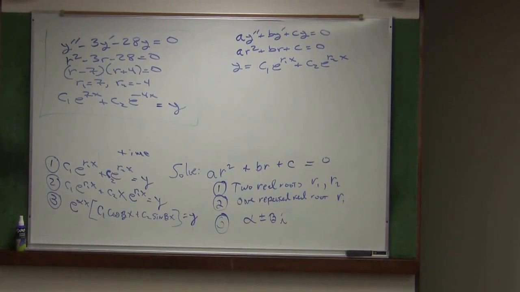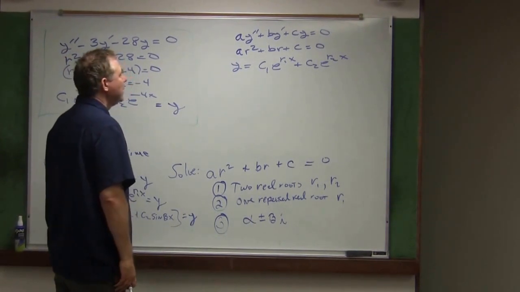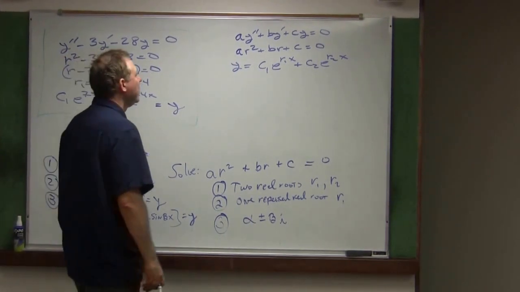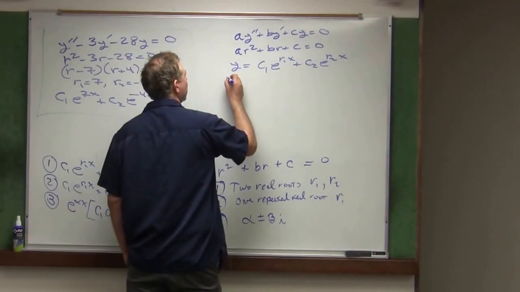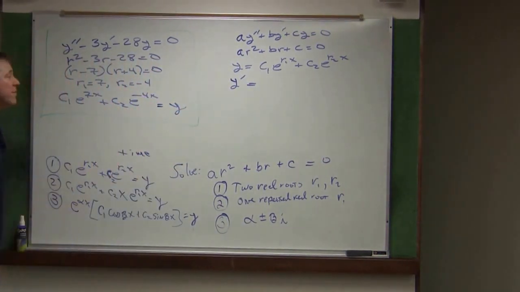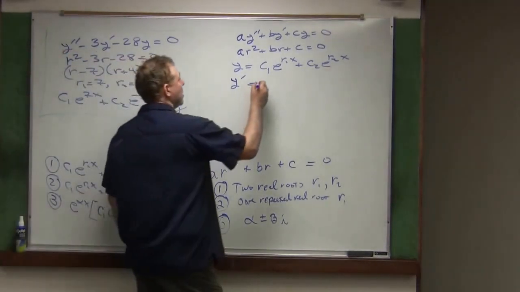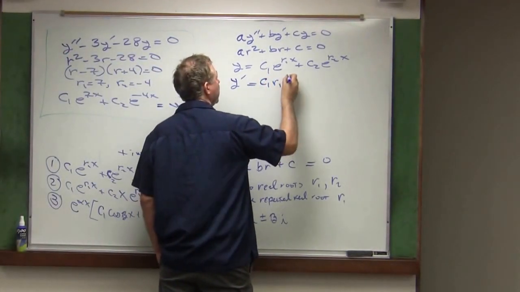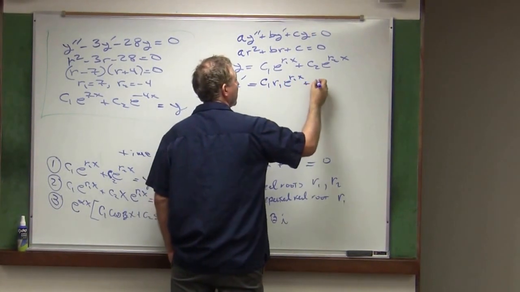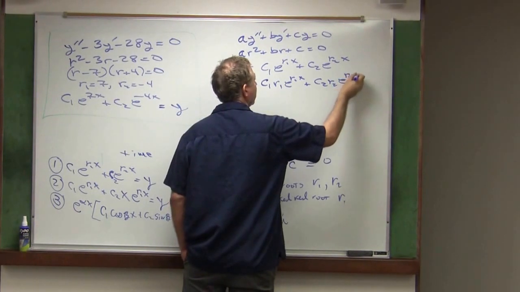So in other words, let's take the derivative. So what's the derivative according to the chain rule? So differentiate y. Is it c1 r1 e to the r1 x? Yes. c1 r1 e to the r1 x, and this is going to be c2 r2 e to the r2 x.